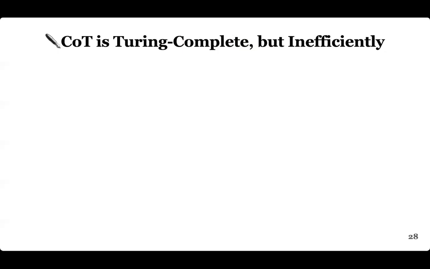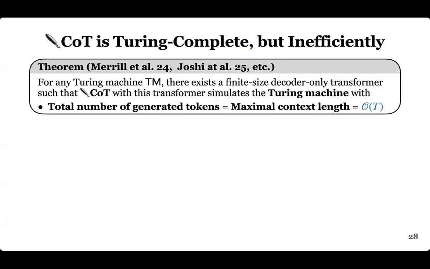There are some previous results showing that with transformers, chain of thought is Turing complete, meaning that it can solve all computable tasks, but this is done inefficiently. So here is the result used to prove that chain of thought is Turing complete.